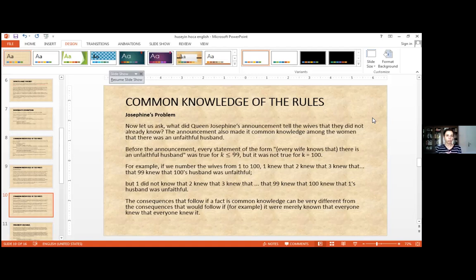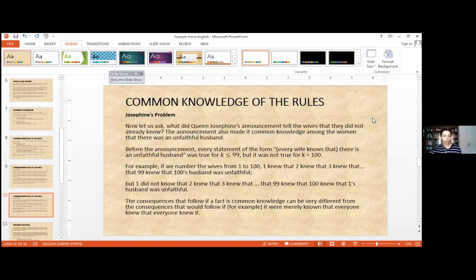If there are two unfaithful husbands, then both wives believe there is only one unfaithful husband, so they will expect the other one to shoot her husband, and since there is no gunshot, they will realize that their husbands are unfaithful. So in general, if there are 100 unfaithful husbands, each of their wives will believe that there are 99 and will expect a gunshot at midnight on the 99th day.